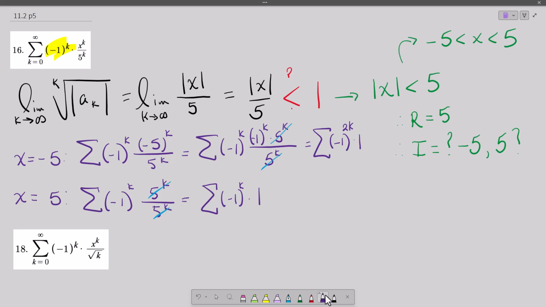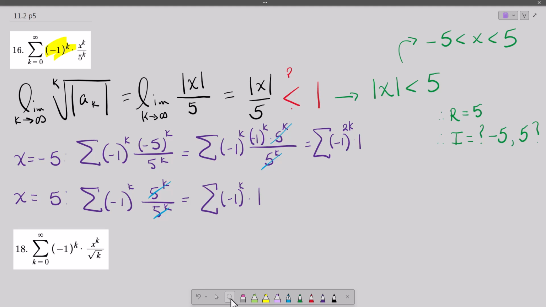What is -1 to the 2k? Think about it. Always 1. Right? -1 to the 2k, you can do a power to power.